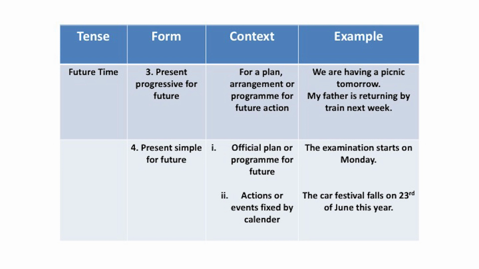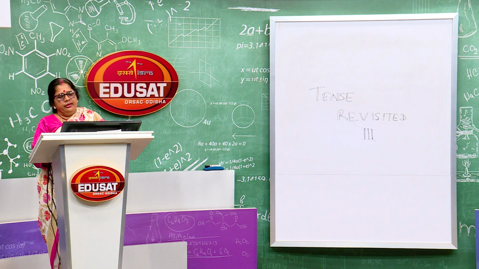Then for actions or events fixed by calendar, the car festival falls on 23rd of June this year. This is based on calendar. So, for calendar events, for official timetable program, present simple is used for the future.